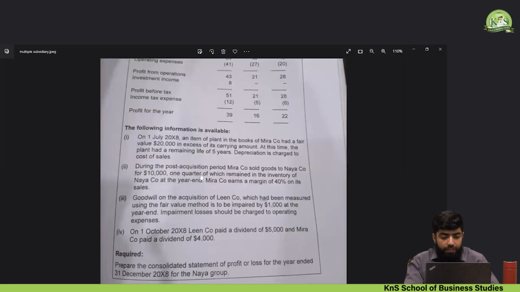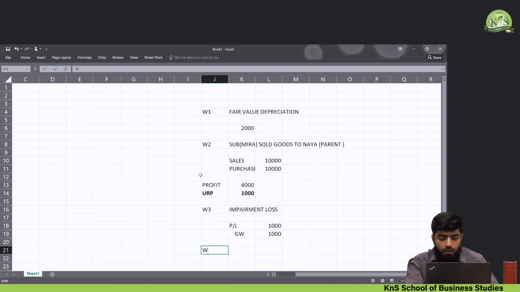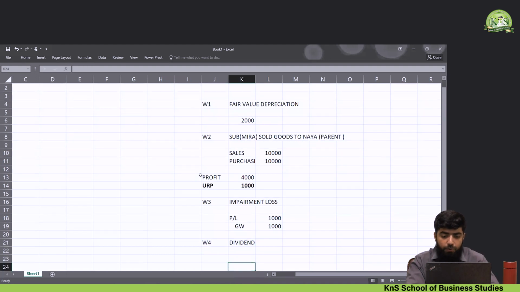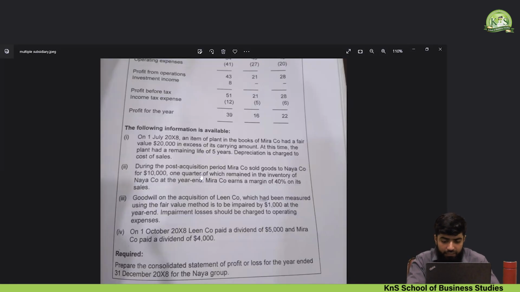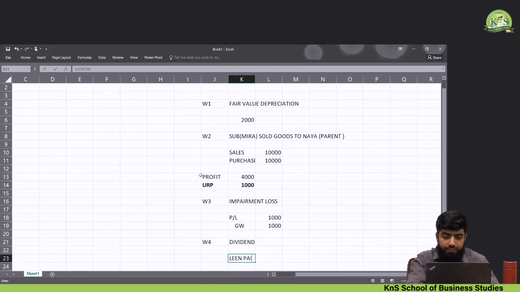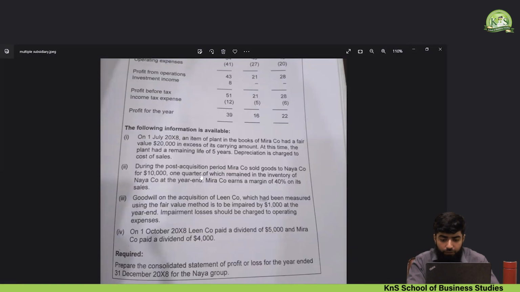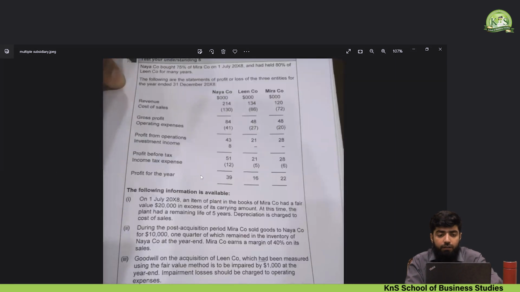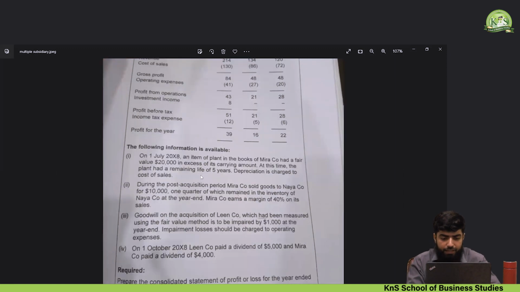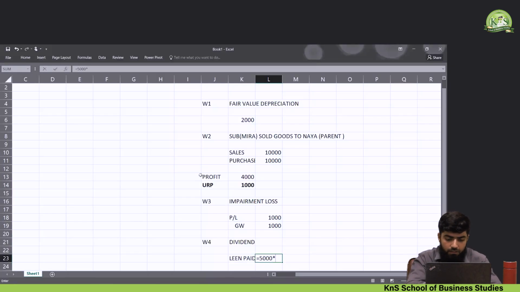So I'm just noting down all the adjustments so that I don't forget while preparing the consolidated P&L. Okay, now the last one is that on 1st October, dividend was paid by the Mira Lean company, that is $5,000. Working of dividend paid by Lean company: Lean paid the dividend of 5,000, but we know that 5,000 is the total dividend paid by the Lean company, and the acquisition in the Lean company is 80%, so 80% will be calculated, that is 4,000.